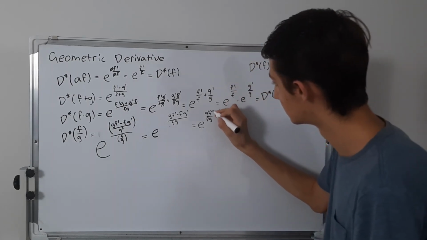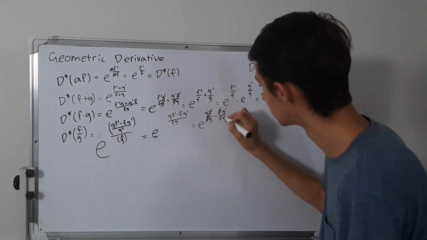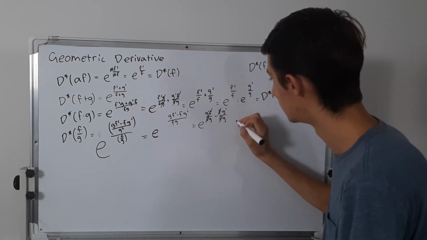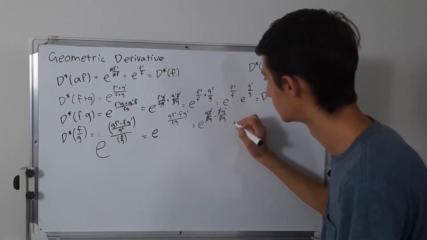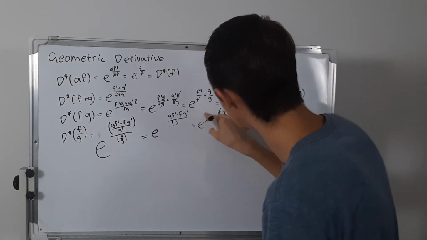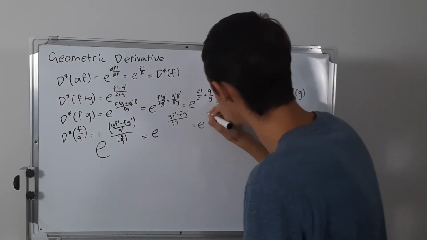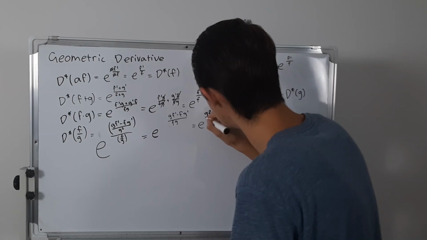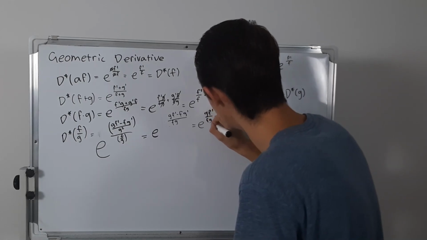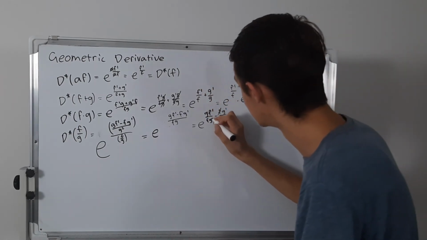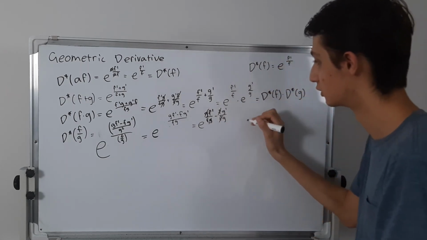And you can see that this f and that f are going to cancel. Oh wait, no, I'm sorry. This doesn't work like that because this is a gf prime. Yeah, gf prime over fg, right? This is what we have. So you can see that this g and that g are going to cancel and these two f's cancel.